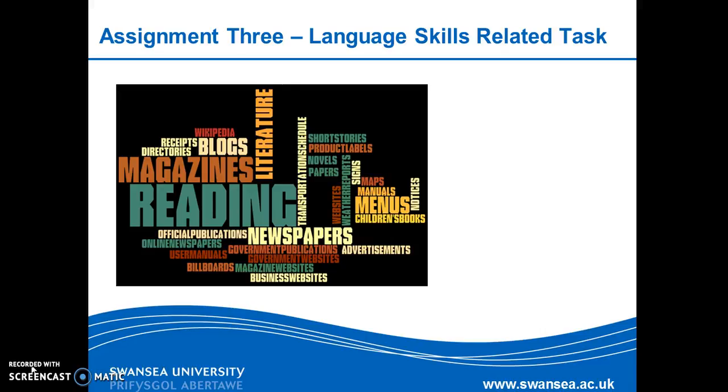The final part of the assignment is the development of a productive skills task, again related to the materials that you have chosen. This can be a speaking task or a writing task, and again it should match the needs of the learners that you have identified as appropriate for the materials you have selected, but also should demonstrate your understanding of how activities in the classroom relate back to particular sub-skills.